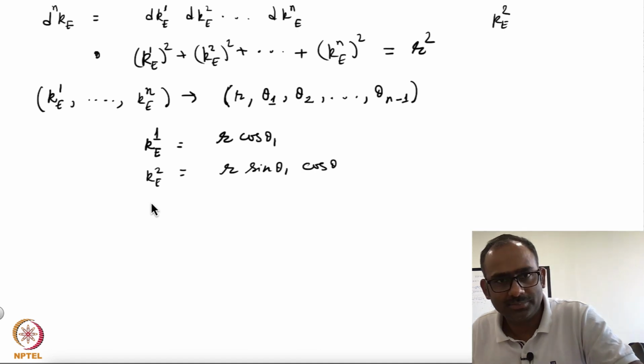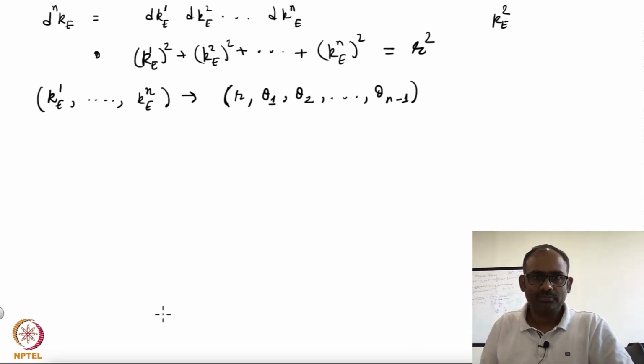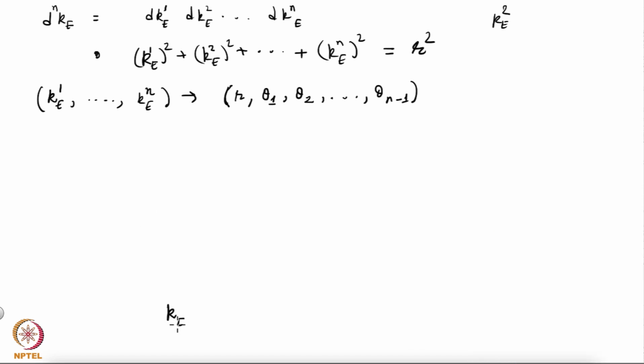Okay, even though I am going to write exactly the same thing, I want to write it in a different order, it will be useful. So, the nth component, ξ_n, I will parameterize as r sin θ1, sin θ2, and so forth, sin θ_{n-3}, sin θ_{n-2}, sin θ_{n-1}.